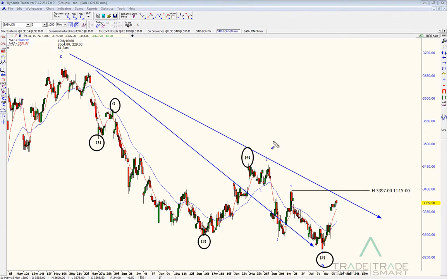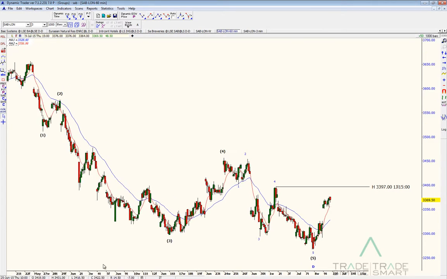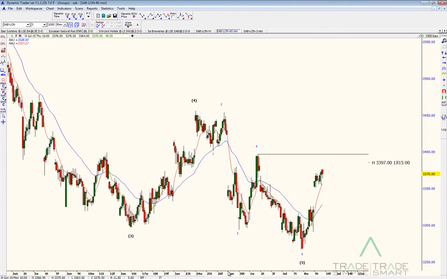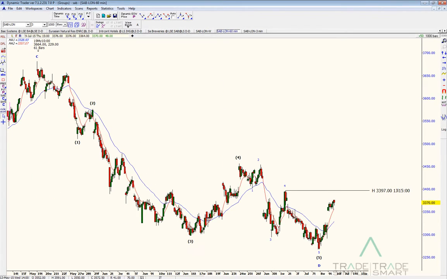If we look closely at wave 4 and zoom in, we can also see that we have 5 waves to the downside. So this should indicate that the entire CD leg is complete.